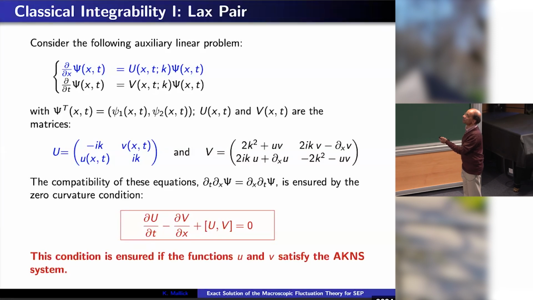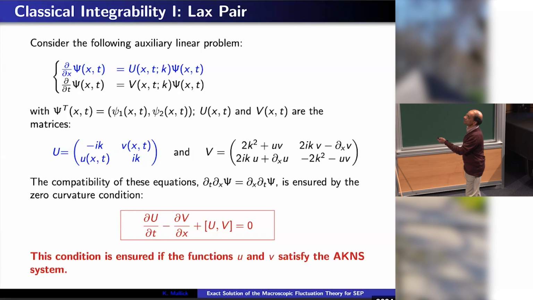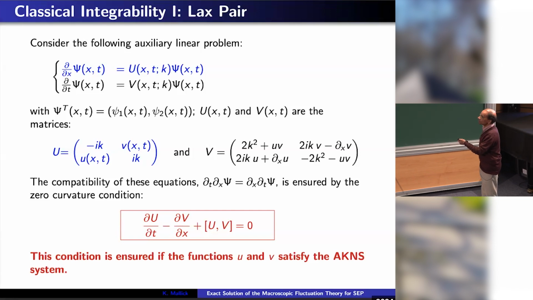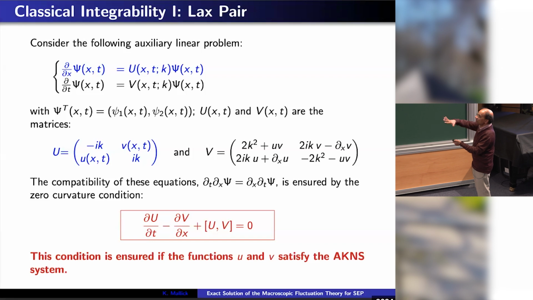But of course, d/dt of the first equation must give d/dx of the second one to have compatibility, to have Schwarz compatibility. When you do this compatibility condition, you get this identity, which is called the zero curvature condition on these matrices, because there's a geometric interpretation for all these things. So it's a kind of curvature condition, or integrability condition.